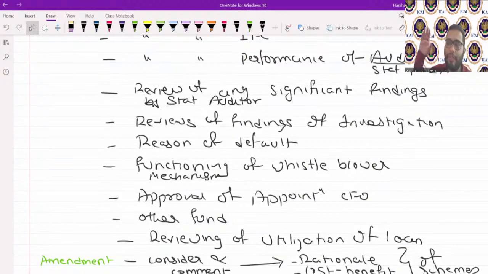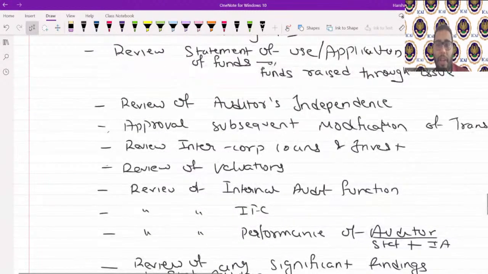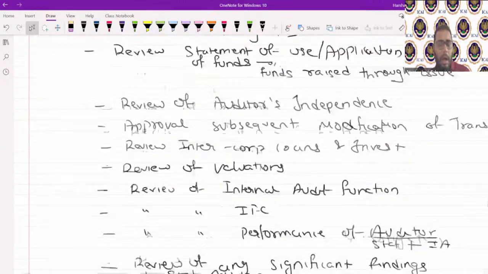So it has to review everything with respect to the audit report, significant findings in the audit report, financial statements with the director's responsibility statement, major accounting transactions, accounting policy changes, internal audit function, internal financial controls, performance of the statutory auditor. There are some legal requirements like recommending appointment and remuneration of the statutory auditor, approving the appointment of the CFO, approving subsequent modifications of transactions with related parties.